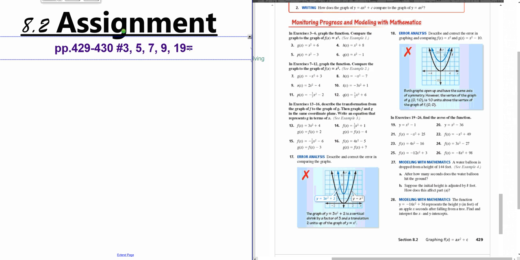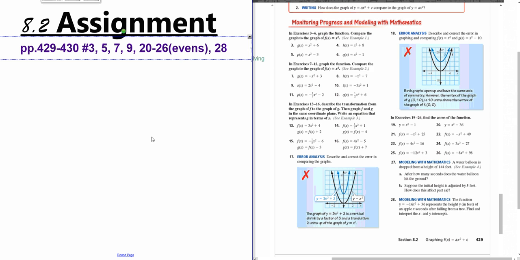I'm going to go 19 through 20. Actually, I'm going to change that and go 20 through 26. I'm going to make that evens. So you have 4 problems there. And then I do like number 28, and that will be your last problem.